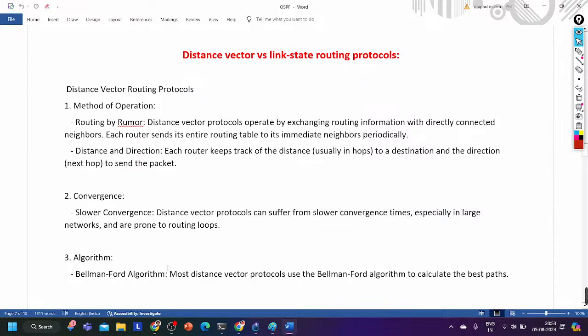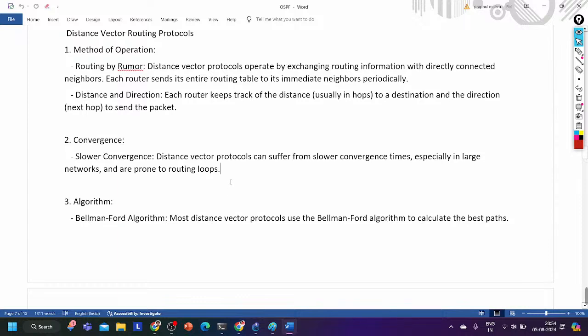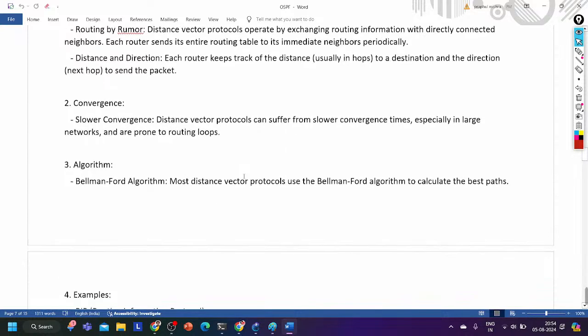So convergence is very slow in distance vector routing protocols, which reduces network performance in large networks. And there is an issue of loops as well. That's why we have features like split horizon and route poisoning to avoid loops.